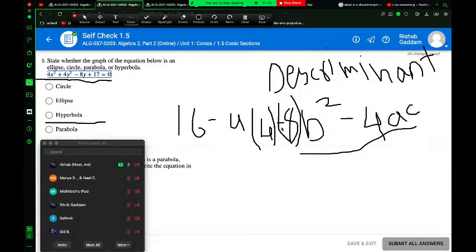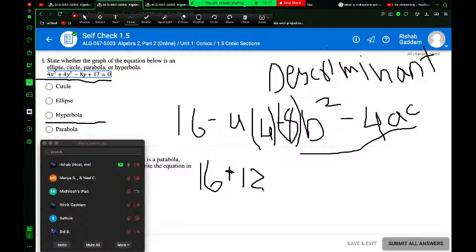Now we can simplify this to 16 minus negative 32 times 4, which is negative 128. So this becomes a positive 128 because there's a negative over here.